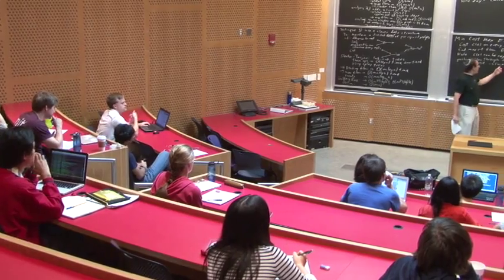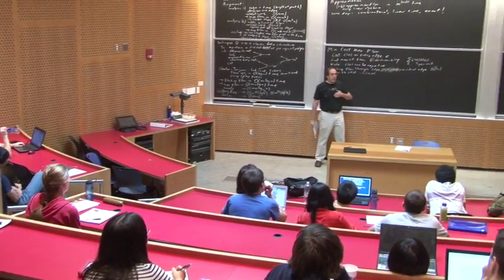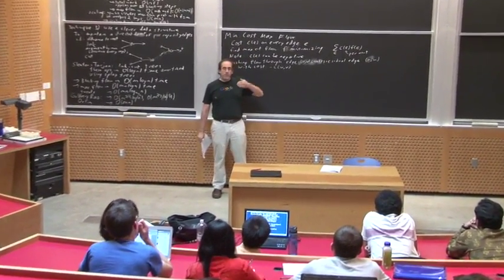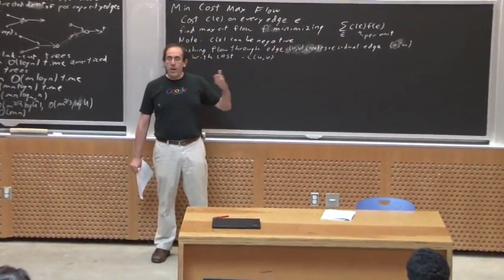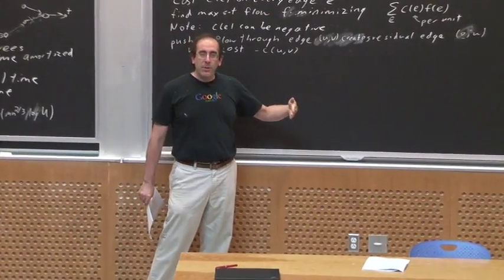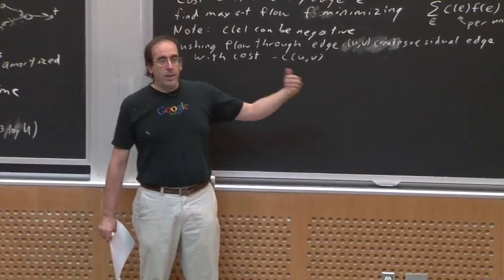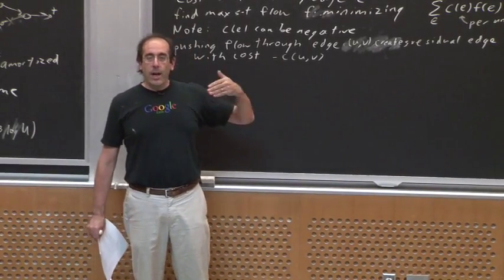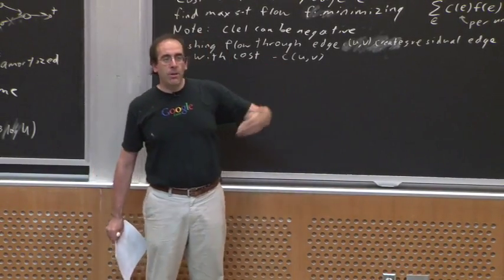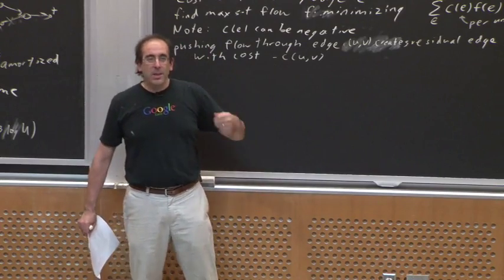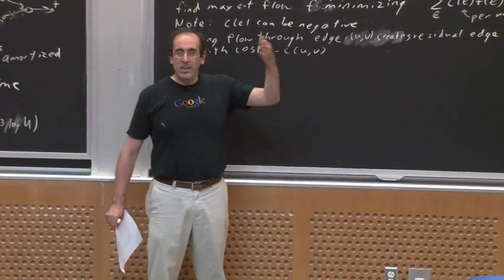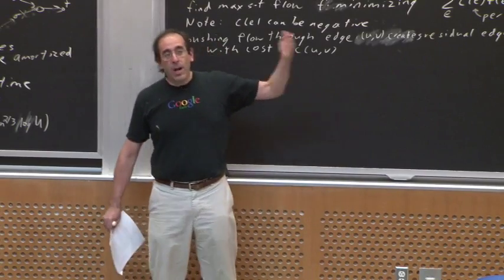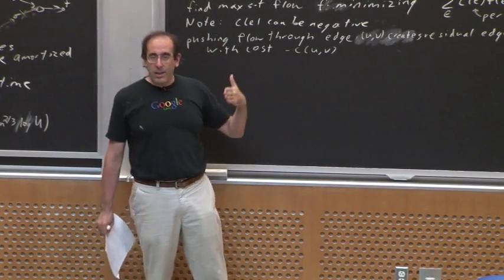Exactly. What this means is that if I send a unit of flow forward on an edge of cost C of UV, that costs me C of UV. So if I now use the residual arc to send a unit of flow backwards, that has to be equivalent to removing the unit of flow that I originally sent. So if it cost me C of UV to send the flow, then I have to recover C of UV by unsending the flow.